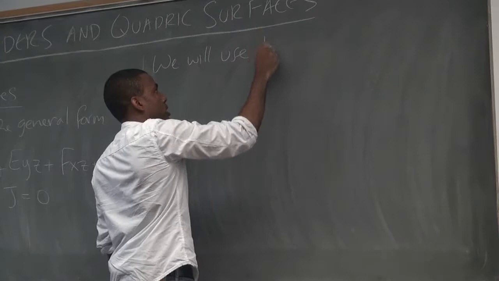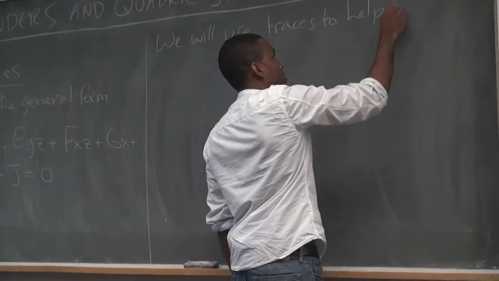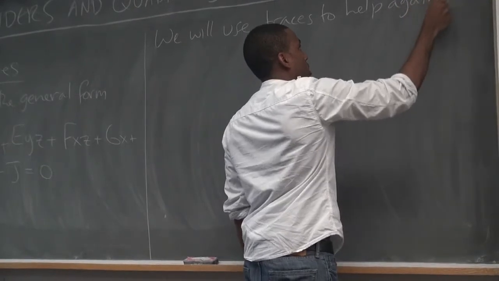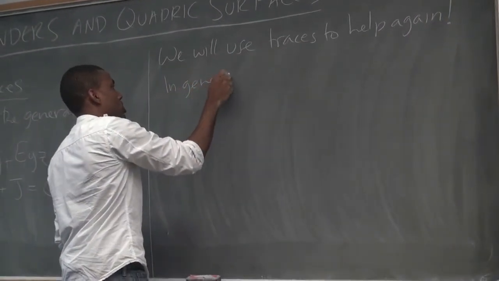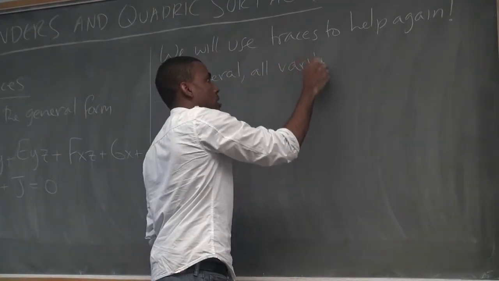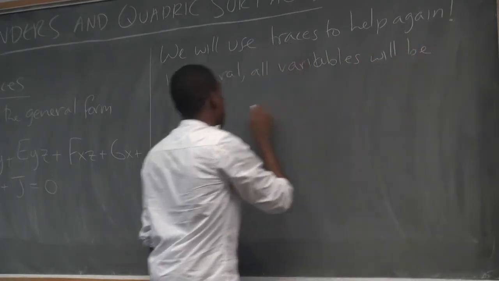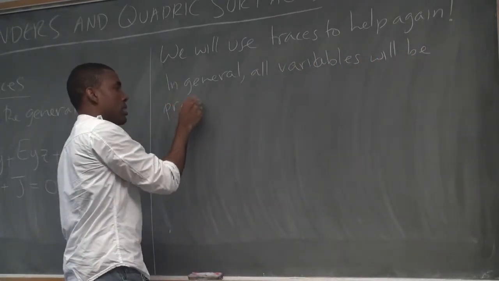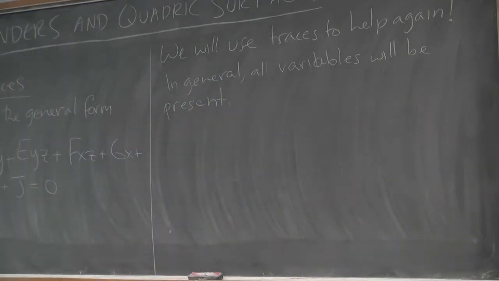We will use traces to help again. In general, all variables will be present. In the case of cylinders, one of the variables was always missing. We just knew that was the axis we stretched the shape along.